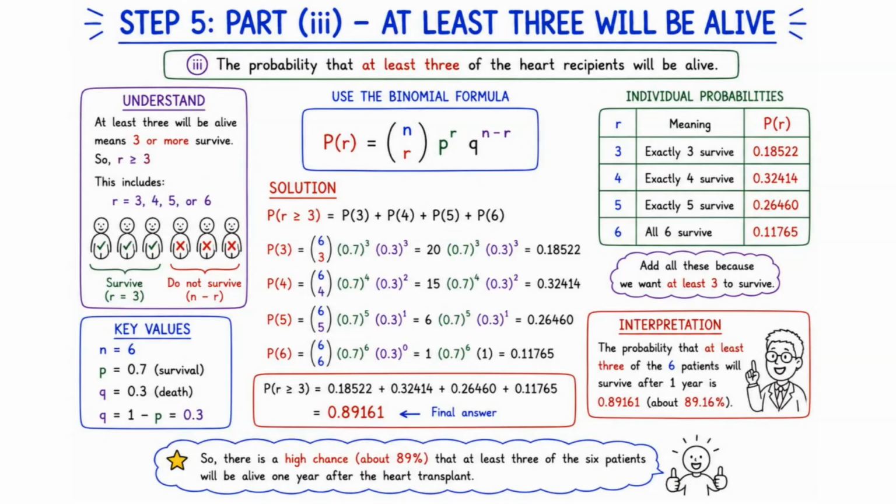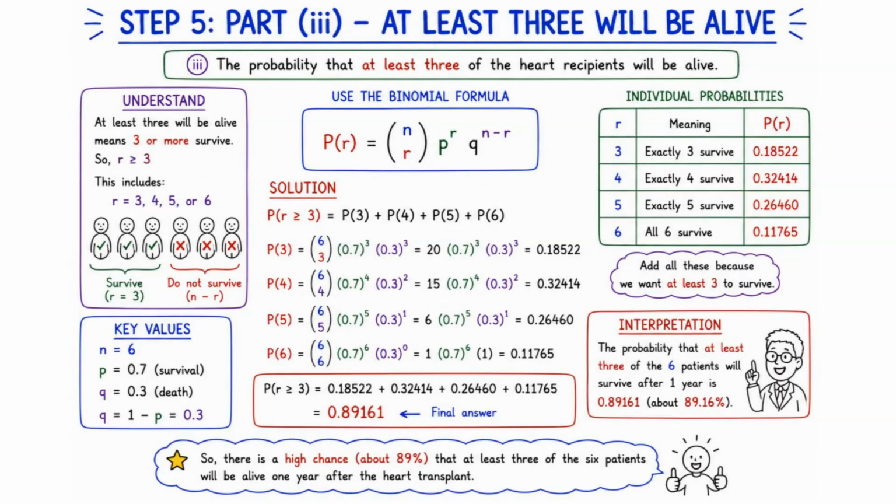Instead, we calculate the probability of exactly 3, exactly 4, exactly 5, and exactly 6 survivors. You do it separately. So after calculating each probability separately, we simply add them together.